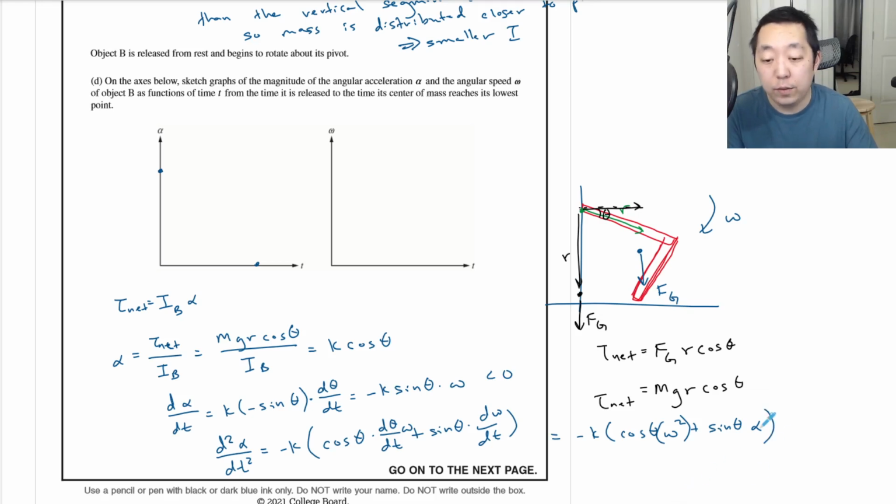Alpha is positive, sine theta is positive, omega squared is positive, cosine theta is positive. So this whole thing is less than 0, which means it is concave down in shape. So concave down and decreasing means it's going to look like that.